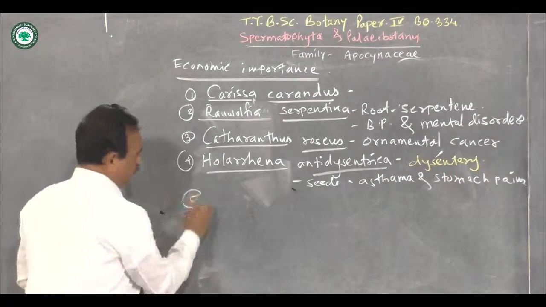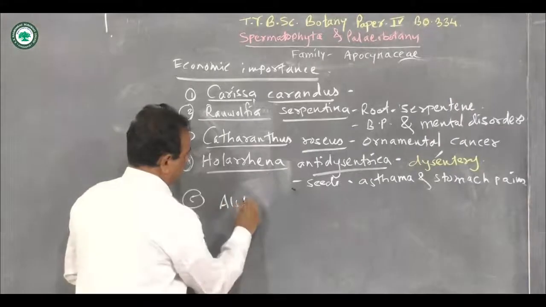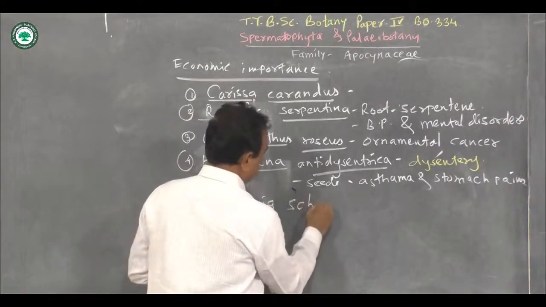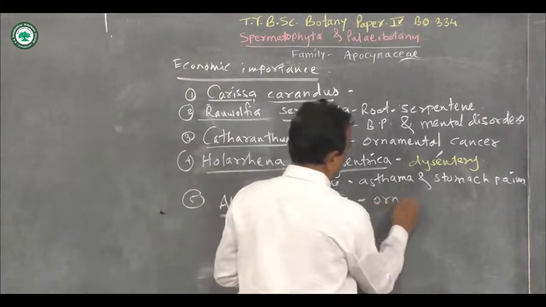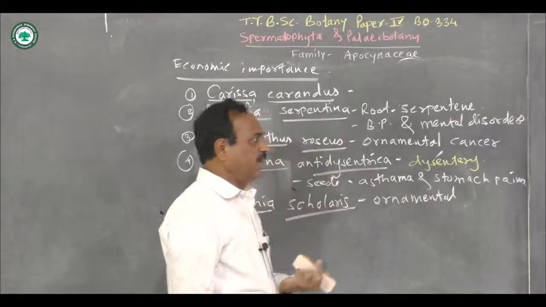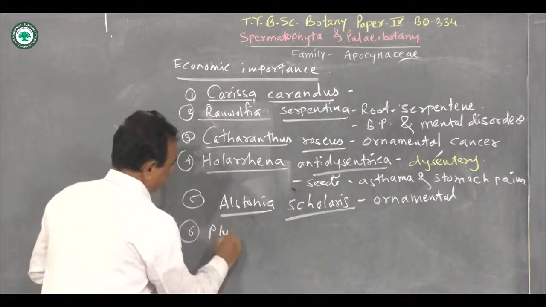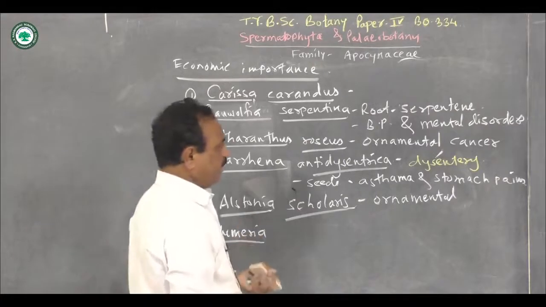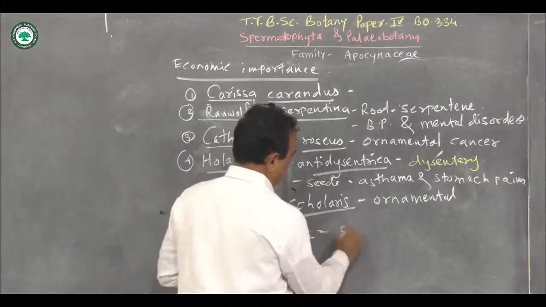Then the next is the Alstonia scholaris. It is commonly planted as an ornamental plant, and also planted along the roadsides. Then next is the Plumeria. This plant, Plumeria alba, is also planted as an ornamental plant.